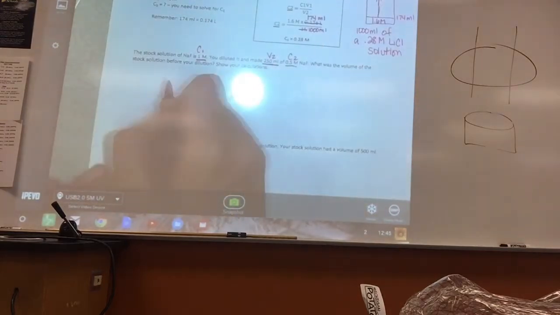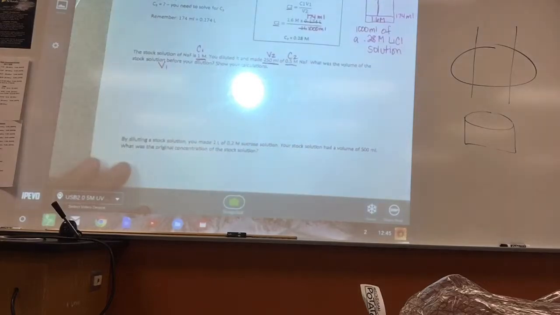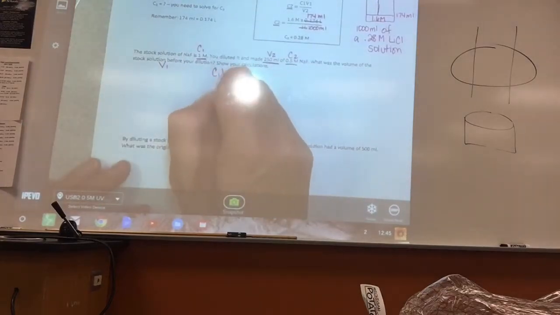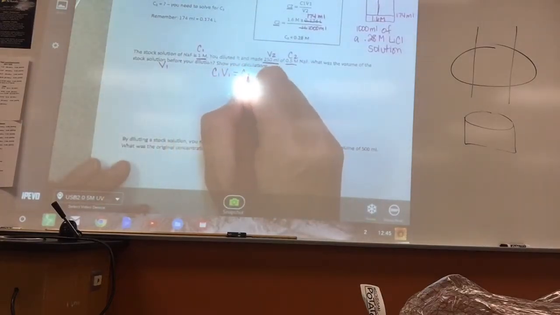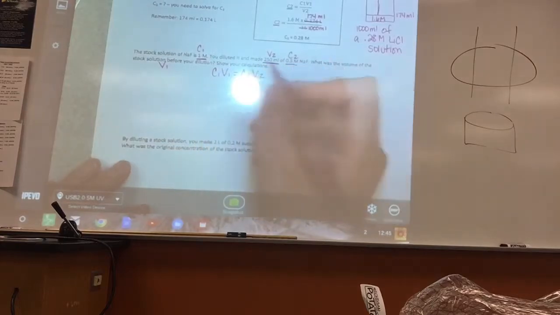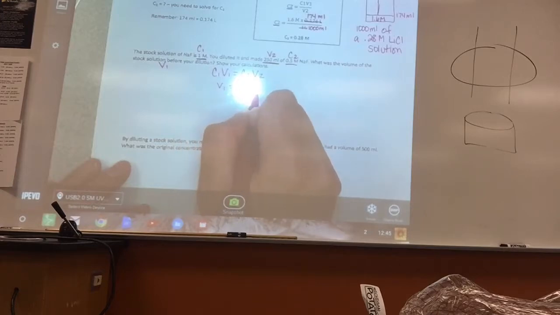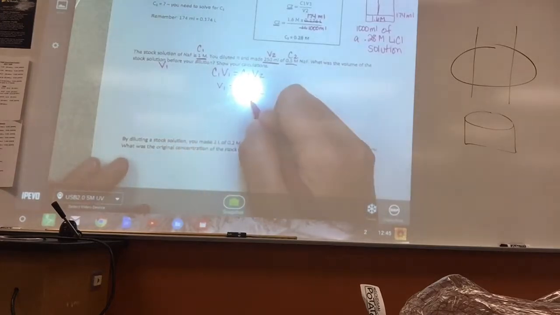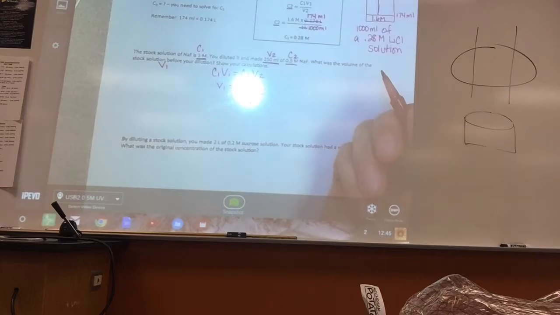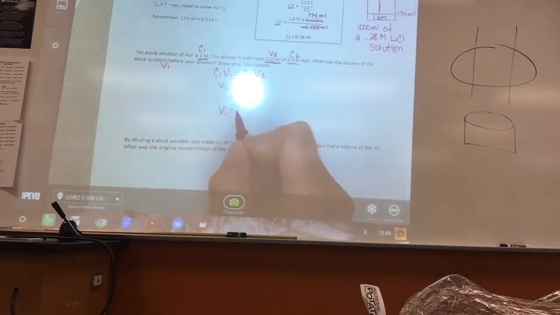So therefore, I'm looking for V1, right? That's what I'm solving for. So my equation V1 C1 equals C2 V2. I'm solving for V1, so I manipulate this so that it is C2 V2 divided by C1. And so that is my equation. Now I plug in and solve for V1.